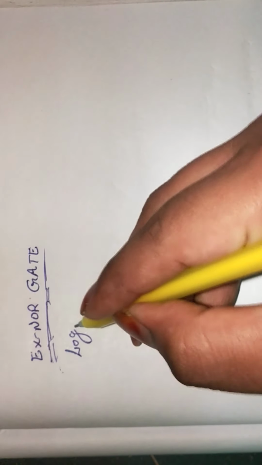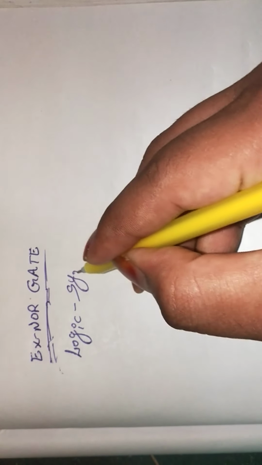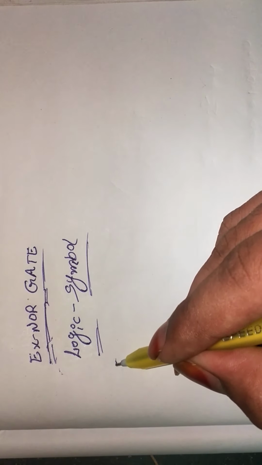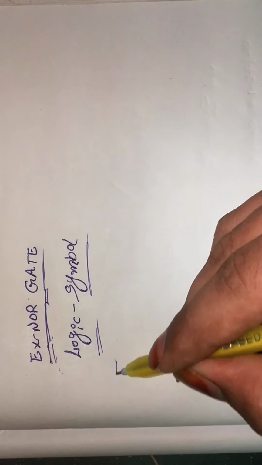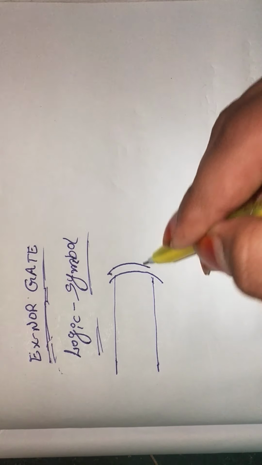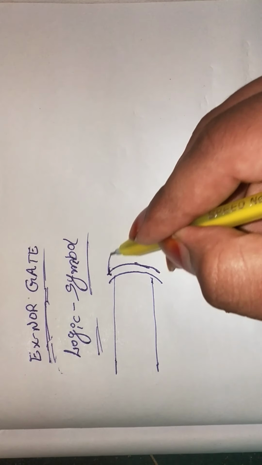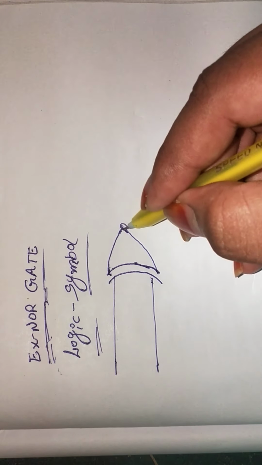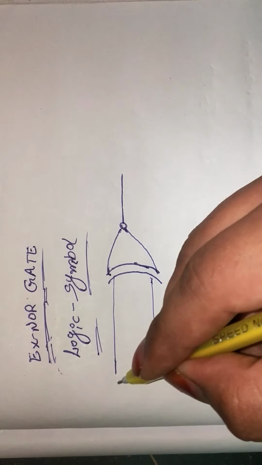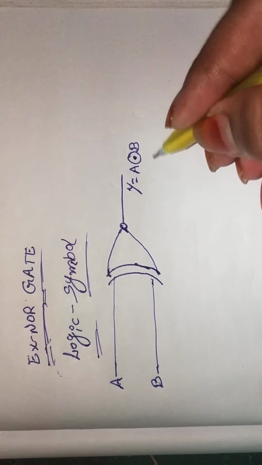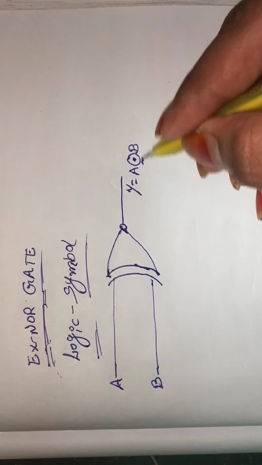Logical symbol of XNOR gate. In this XNOR gate, we take two input variables, A and B, and the output is A XNOR B. Here the symbol indicates the XNOR.